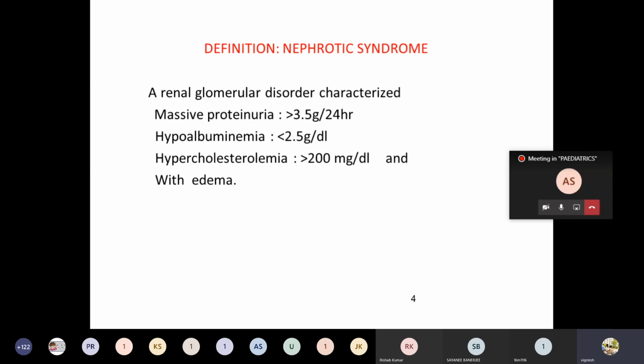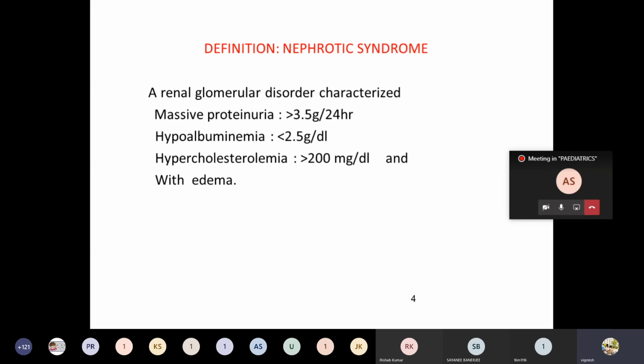So first we'll start with the definition of nephrotic syndrome. Nephrotic syndrome is defined as a renal glomerular disorder characterized by massive proteinuria, meaning the body is losing protein.